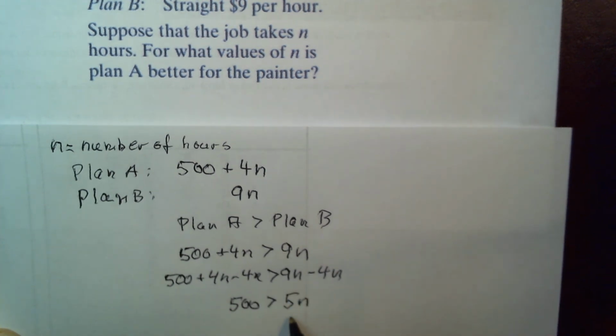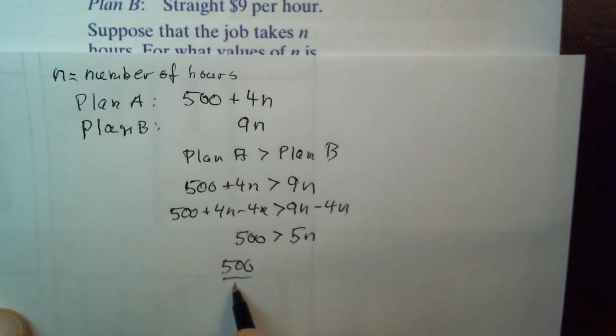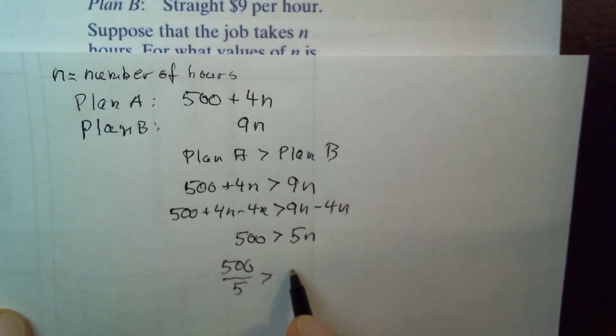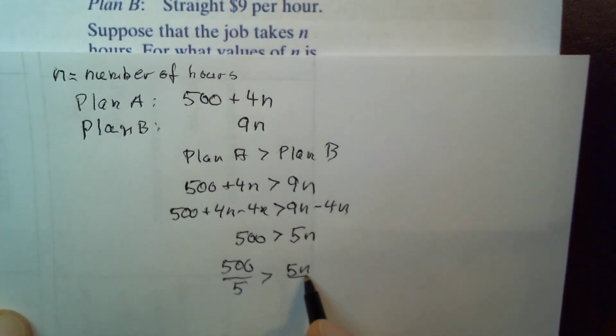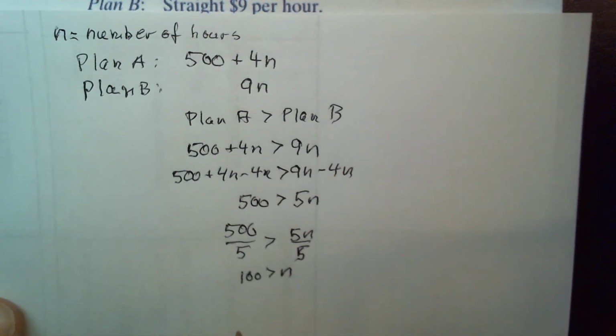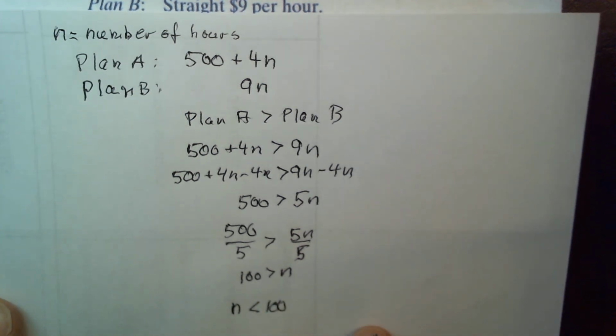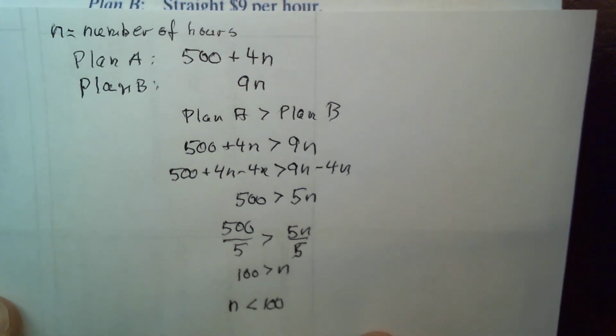Dividing by 5 on both sides, so 500 divided by 5 is greater than 5n divided by 5. So we have 100 greater than n, or n less than 100. So when n is less than 100 hours, plan A is better for the painter.